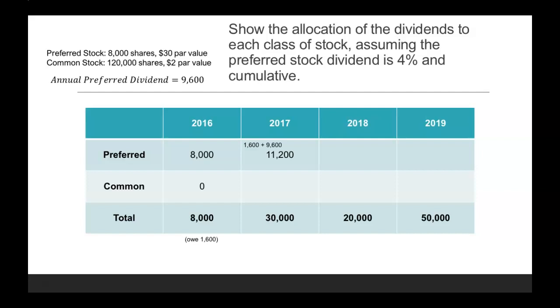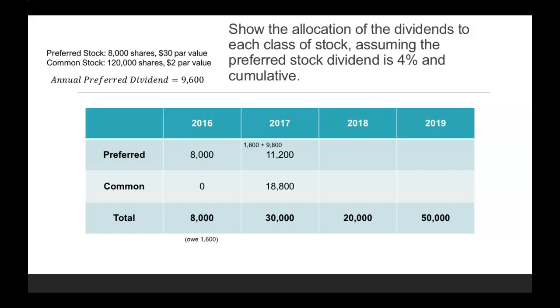So preferred stockholders get $11,200 in 2017. They get their 2017 amount plus the amount that we owed them from 2016. Now, what's left over for common? $18,800. They just get the difference between the total and the amount that goes to preferred.